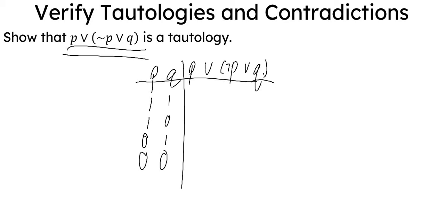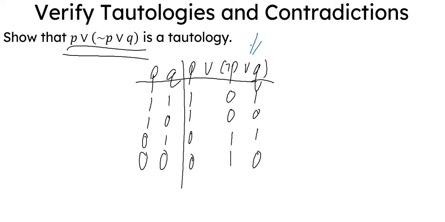So to show that it's a tautology, that means somehow we should expect that this is an actual tautology. So let's put in our values. This is 1, 1, 0, 0 because that's just P, and just Q will be 1, 0, 1, 0. Not P would be the opposite of P, 0, 0, 1, 1.